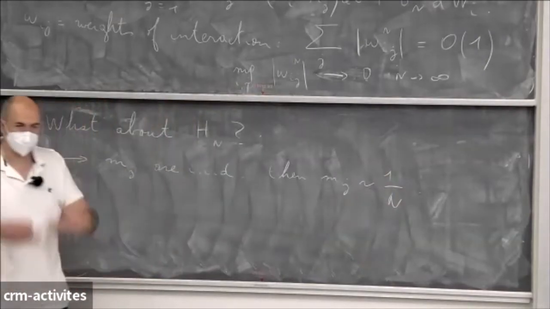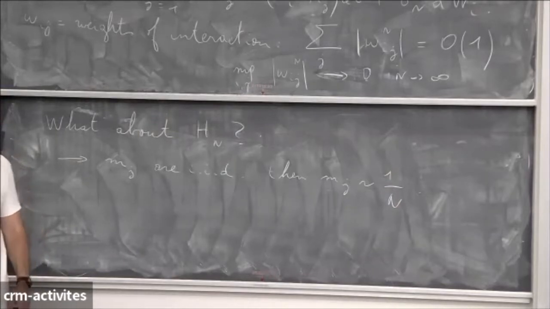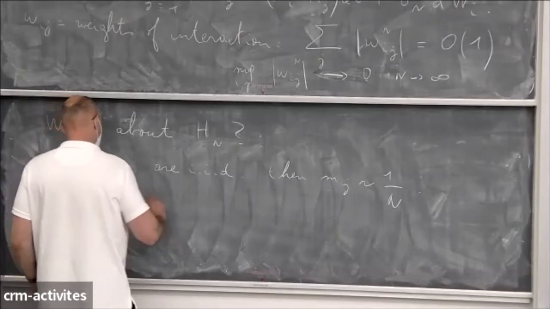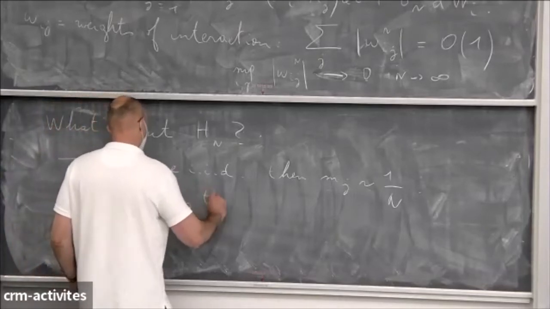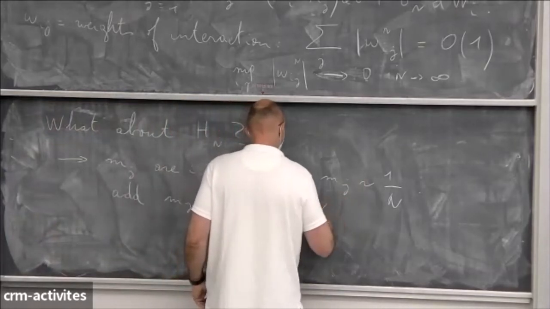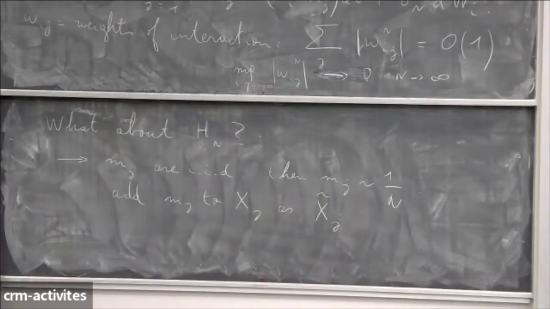Maybe not strictly, right? You can still have tails, and then you would need to wonder how bad the tails are, and then everything like this. Then add Mj to Xj as some X tilde j, right? Keep doing what you were doing. You rescale them.